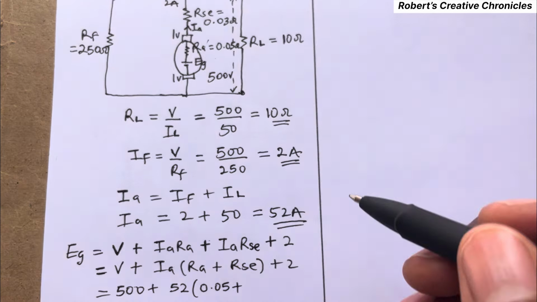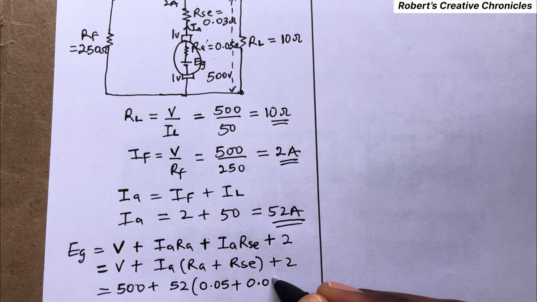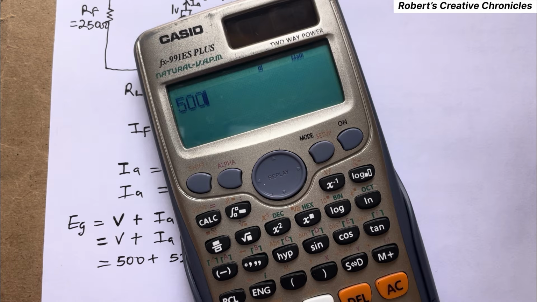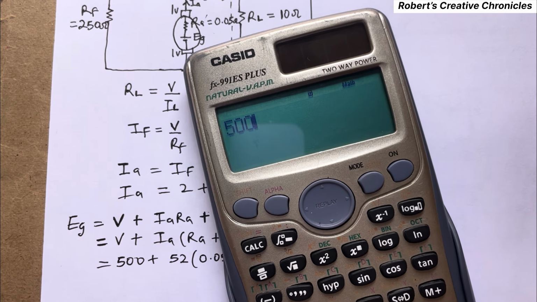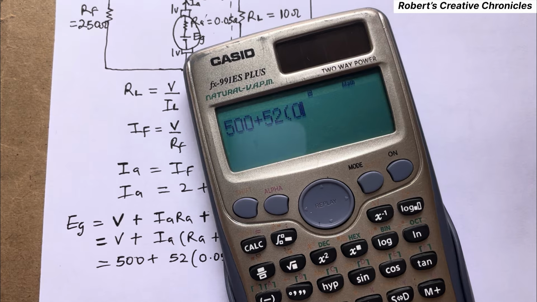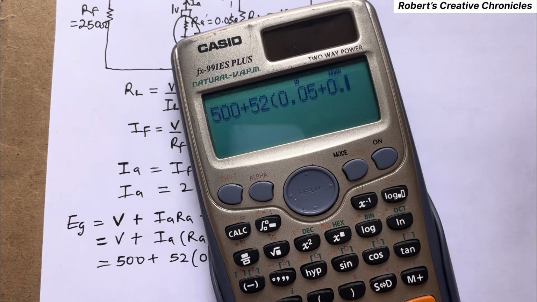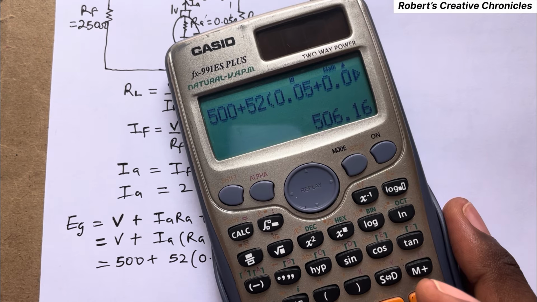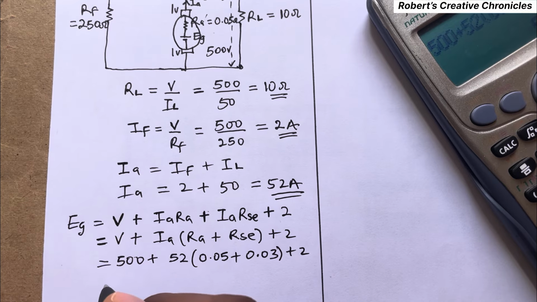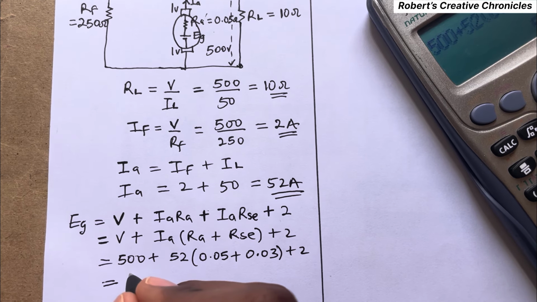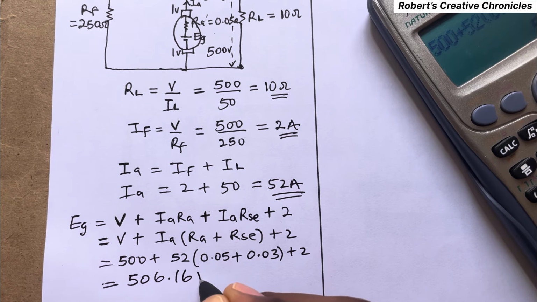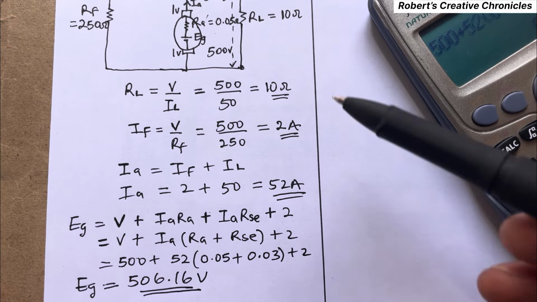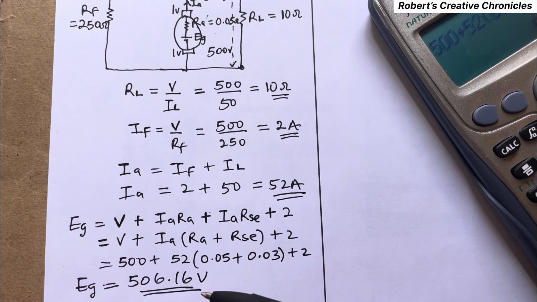Then plus R_SE is 0.03, plus 2. 500 plus 52 times (0.05 plus 0.03) plus 2. This is 506.16. So the generated or the induced EMF is 506.16 volts. So for a long shunt generator configuration of this question, this is the answer.